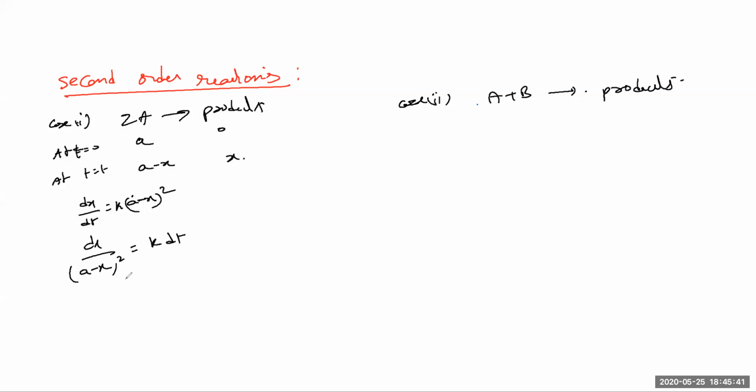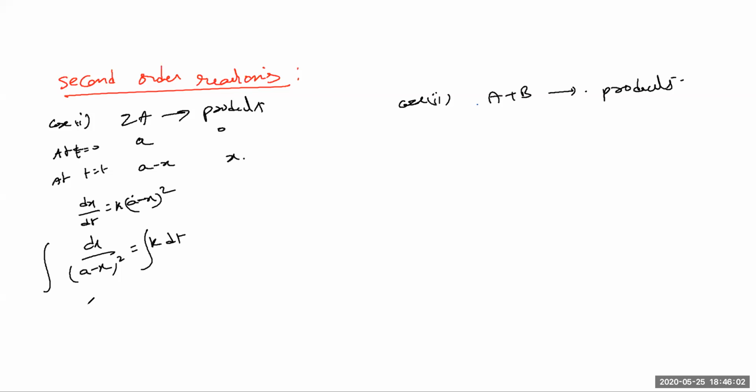Now integrating on both sides, what will we get? Integrating 1 by x square, what will come? That is 1 by x into the derivative of x.